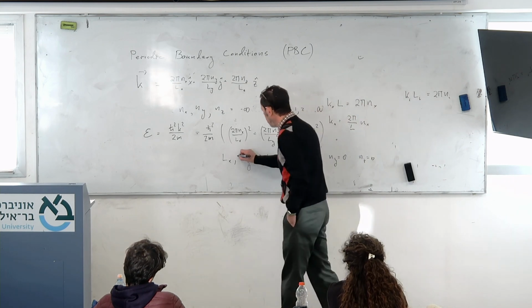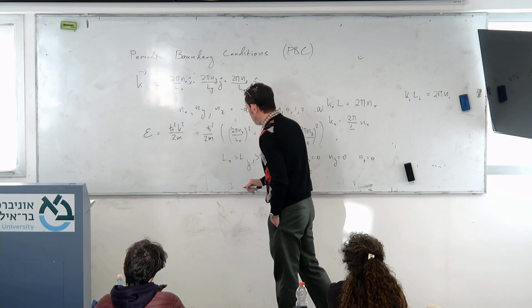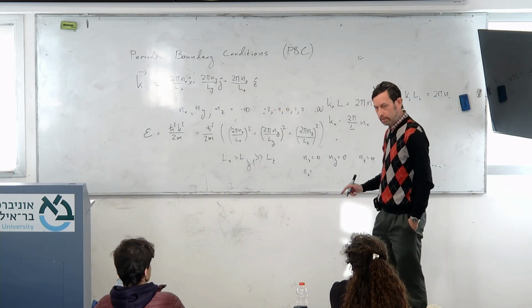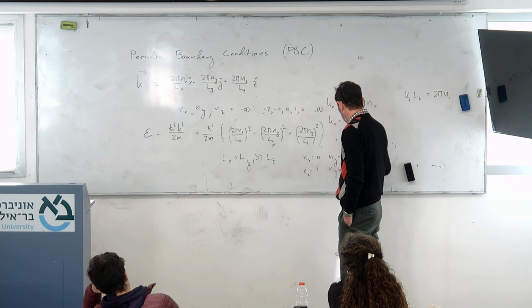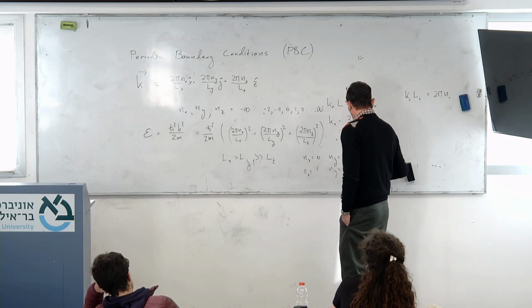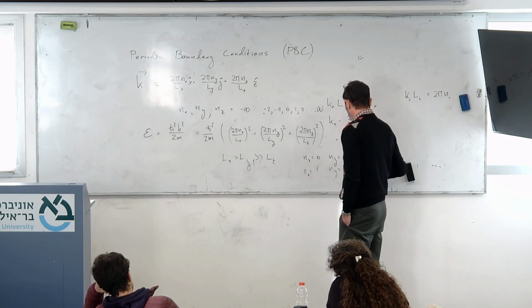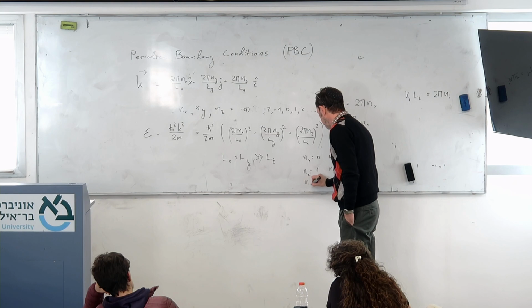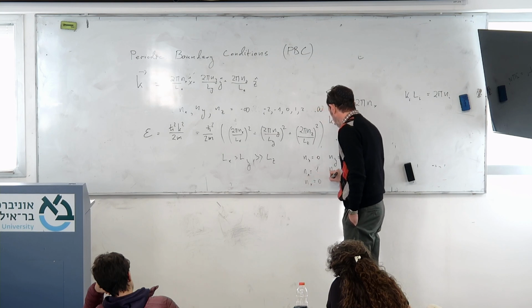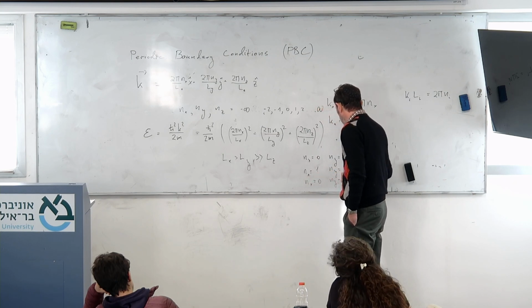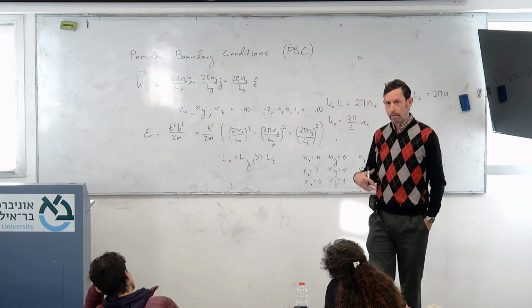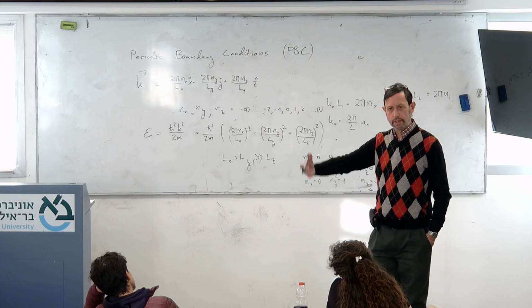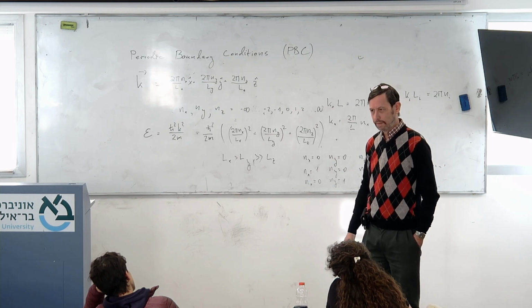Let's assume that Lx is a bit larger than Lz, so this will be the next one. Right, and I can continue this list forward.